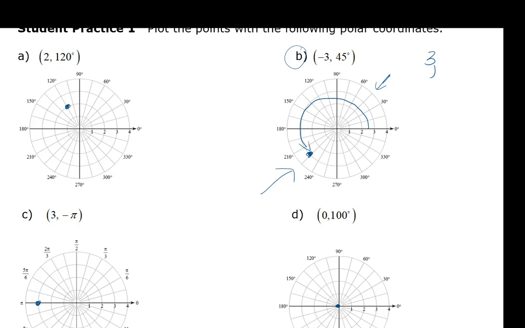And another angle that can name that point right there is 225 degrees. So this point right here could also be indicated by a positive 3 and a positive 225 degrees. Again, for our purposes right now, we're just focusing on giving one answer for each pair. In the next video, we're going to look at how to convert from rectangular to polar coordinates.